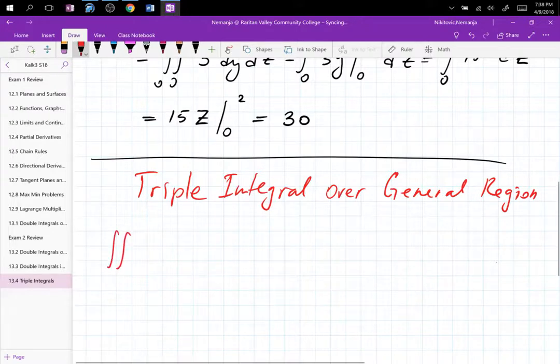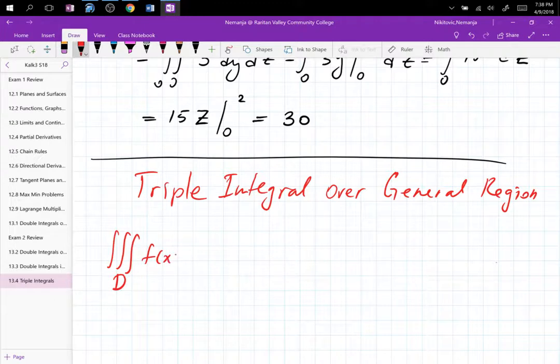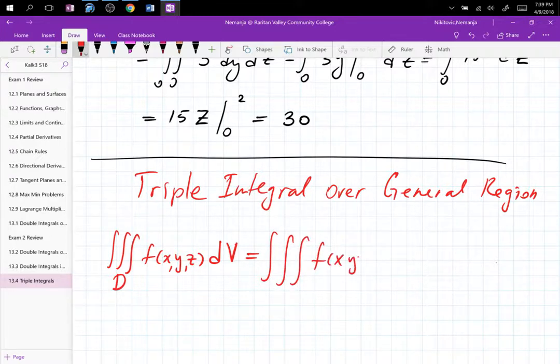And now we have the triple integral over region D of f of x, y, z dv is going to be, and now we have to pick. We can't do all of them, so we'll use the same one as in the book, which is dz dy dx. So I have my triple integral, I still have the function f of x, y, z, and then we're going to put dz dy dx.